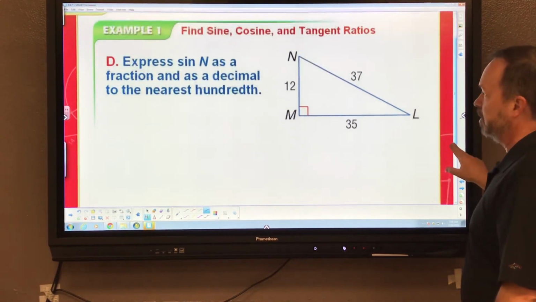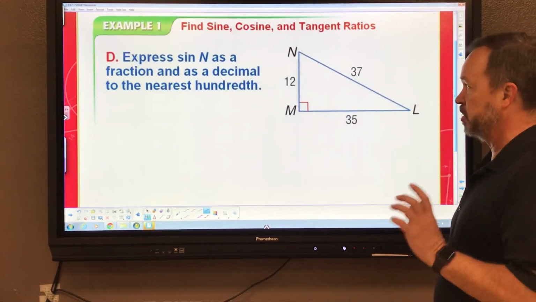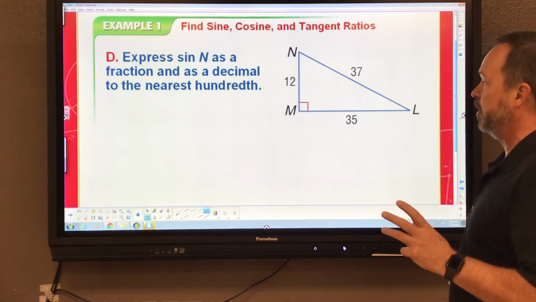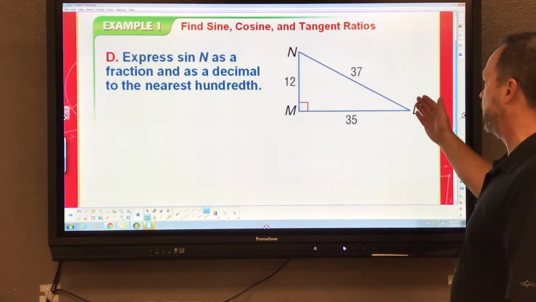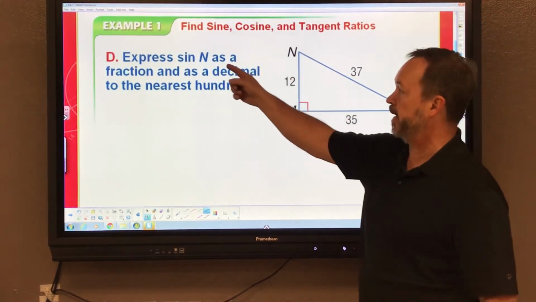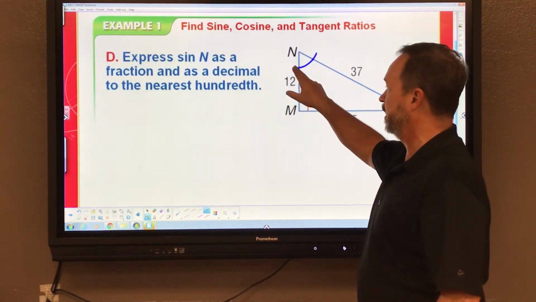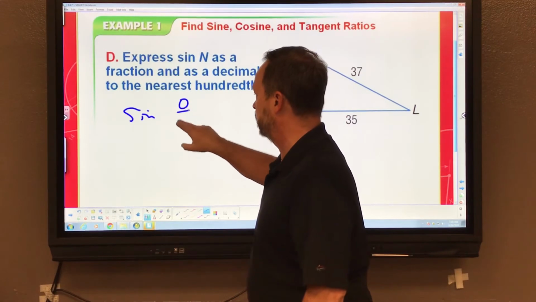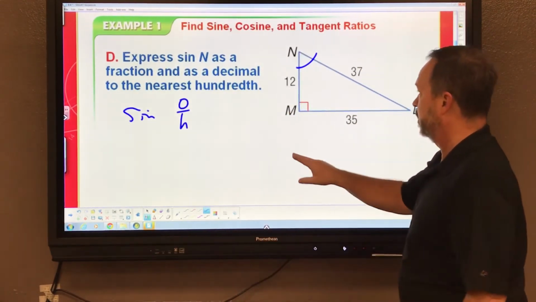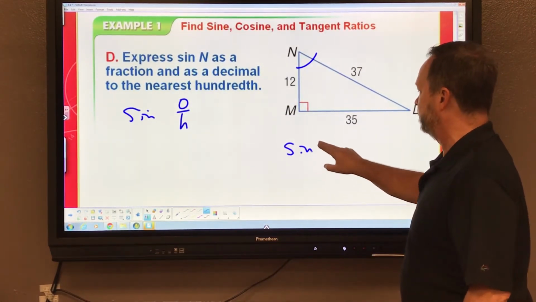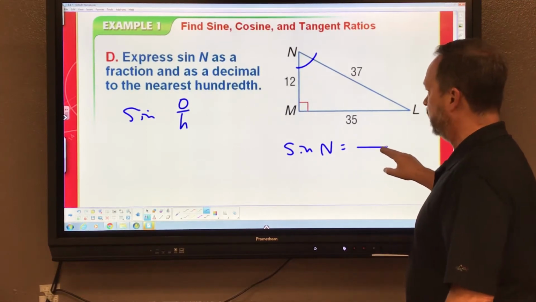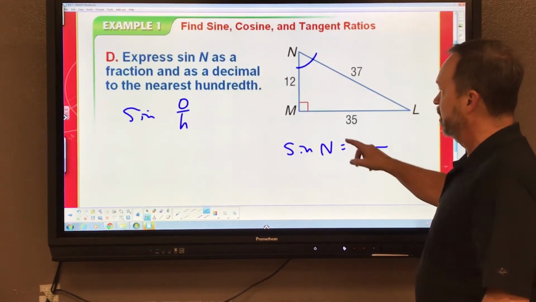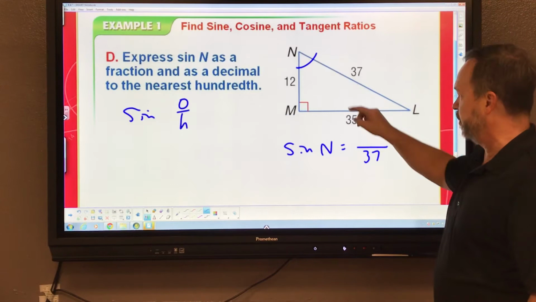Now what they're going to do here, and we won't take the time to do it beyond this first one, is flip the switch. Now we're not talking about angle L anymore, we're talking about angle N. With angle N, sine is still orange horses always have orange ankles. So now we're doing the sine of N. Hypotenuse is still 37, but when we look at the opposite for N, we get 35.